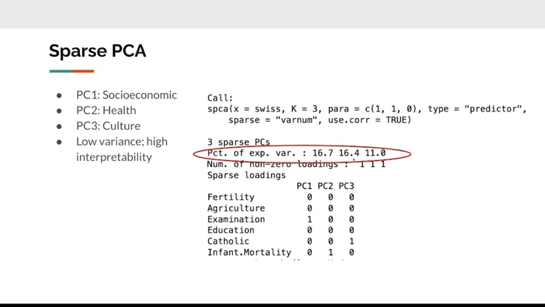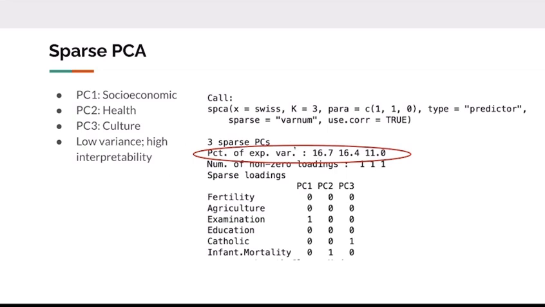Cumulatively it's around 50%, whereas standard PCA was 80% or higher. However, if you look at the loadings down here, you can see that it's much more interpretable. PC1 is heavily guided by examination, PC3 is guided by Catholic, and the interpretations are the same as our standard PCA.